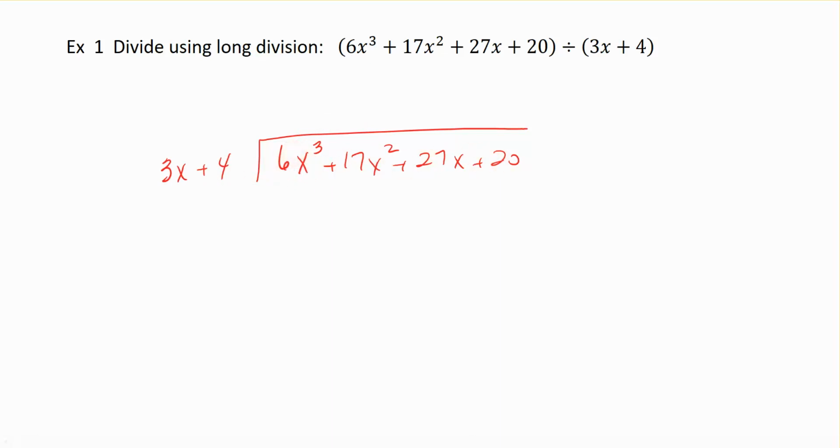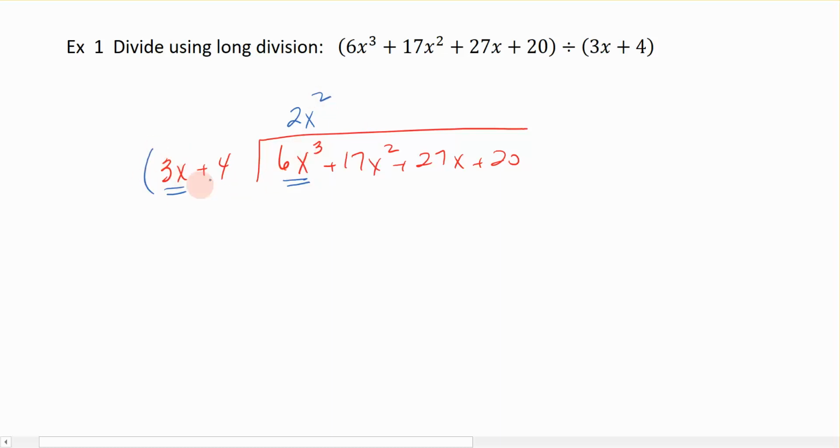Okay, so when you're looking at this, you're going to start with this leftmost term, 3x, and you say, well, what do I multiply 3x by to turn it into 6x cubed? Hopefully you're saying that that's going to be a 2x squared, because 2 times 3 is 6, and x squared times x is x cubed.